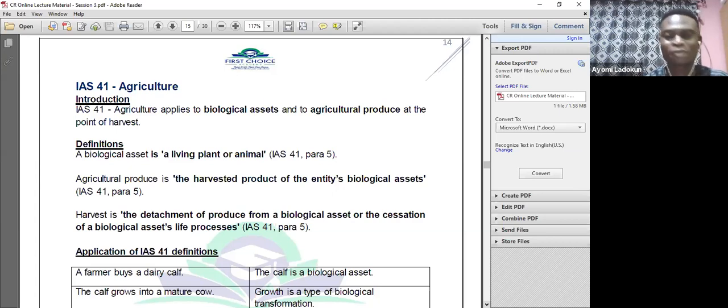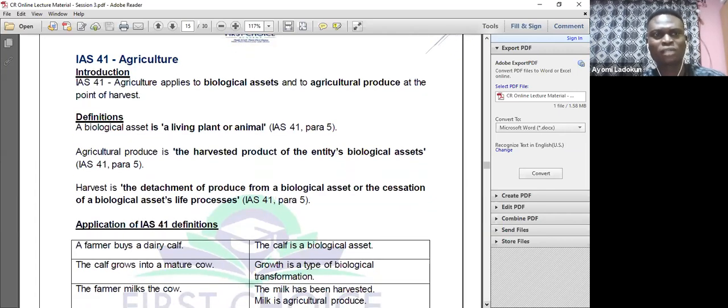Sometimes in practice, it's quite difficult to determine whether an event is actually an adjusting event or a non-adjusting event. So that's also part of the problems of IAS 10. However, if IAS 10 is applied properly, it is supposed to keep window dressing at bay. That was where we stopped last time.